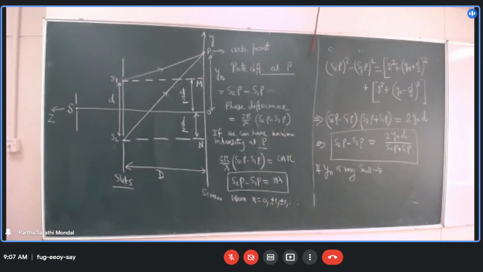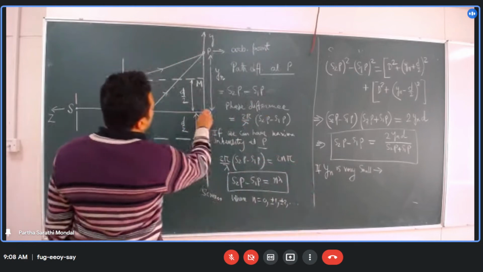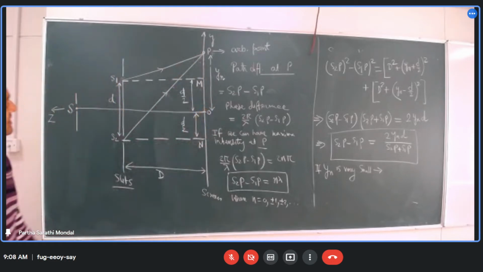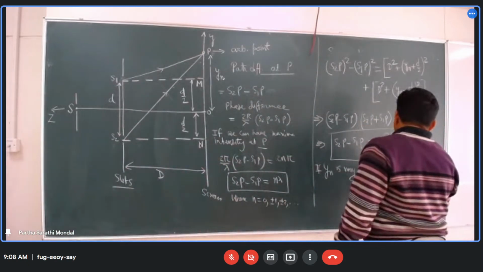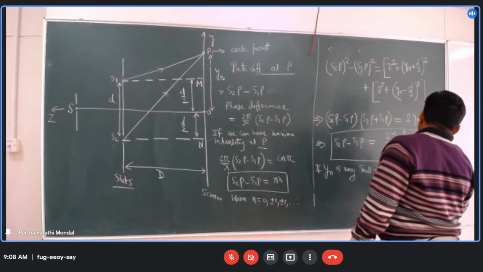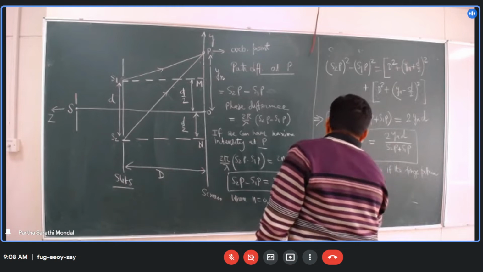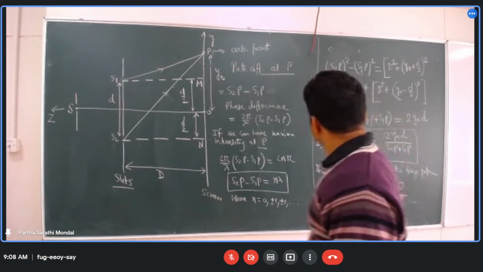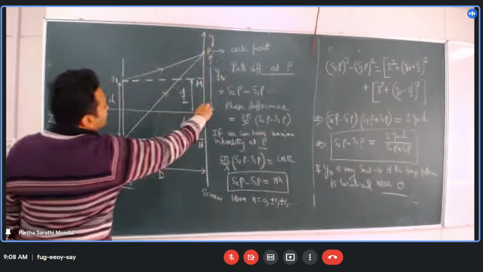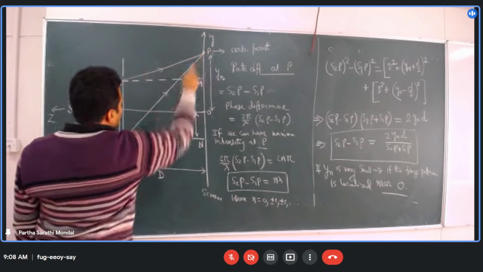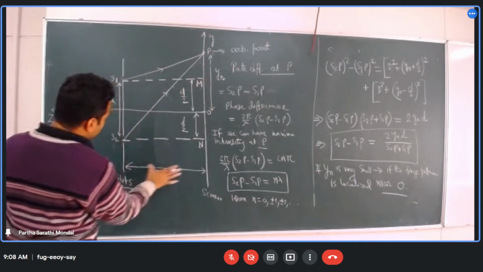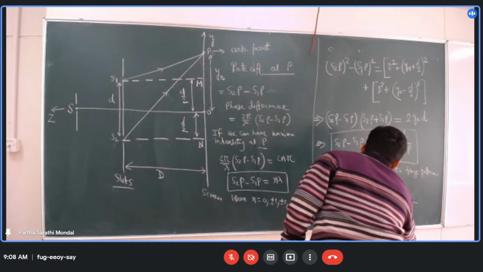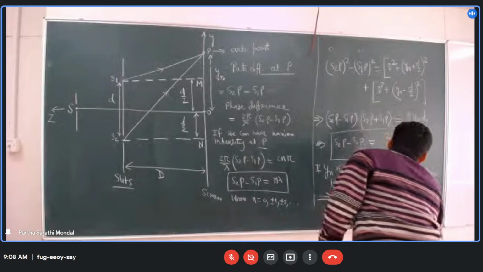It means we are interested in the fringe pattern produced nearby O, that is, the fringe is localized near O, the central point of the screen, not very far from it. So in that case, P comes around O, and S1P and S2P will both be nearly equal to D, the distance between the slit and the screen.